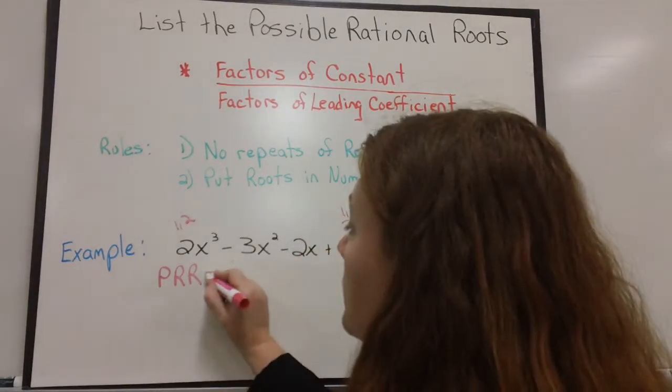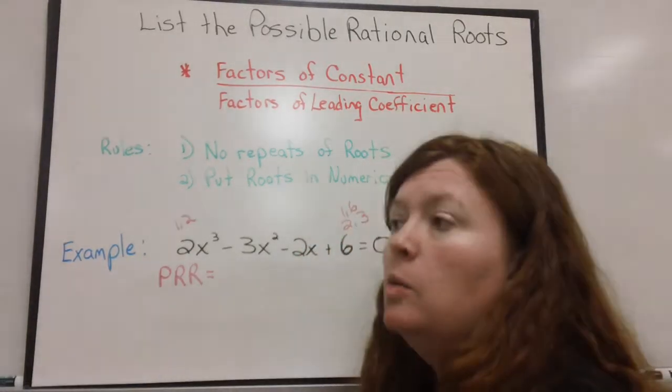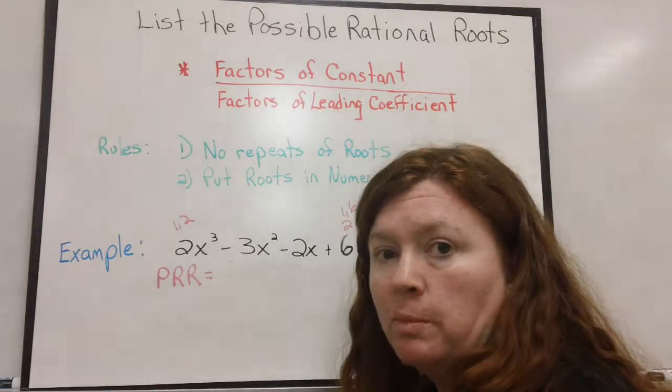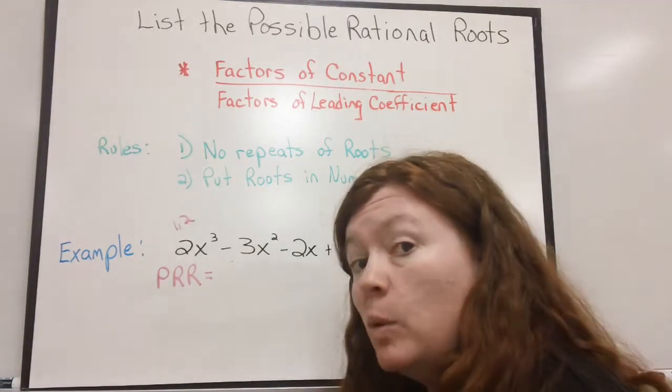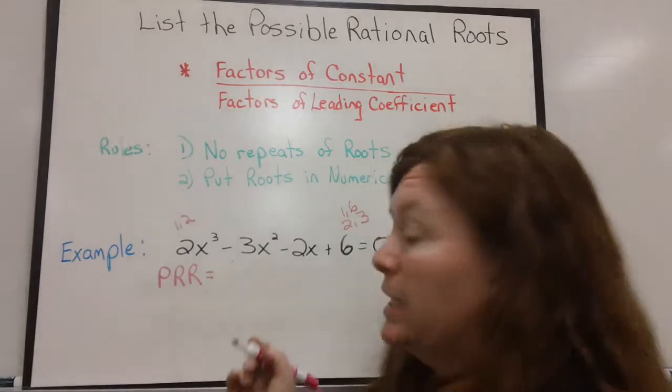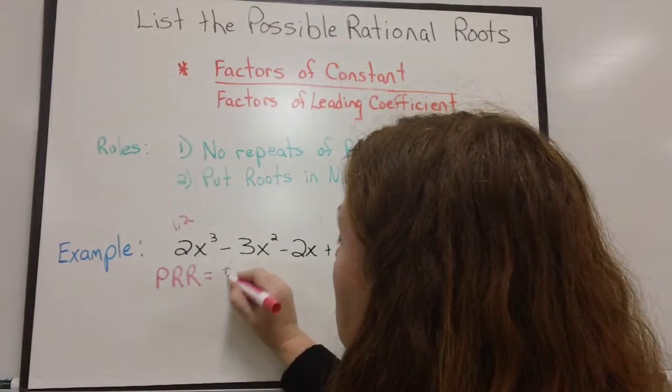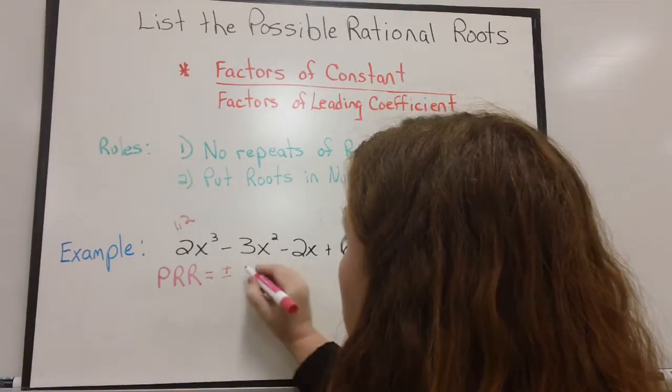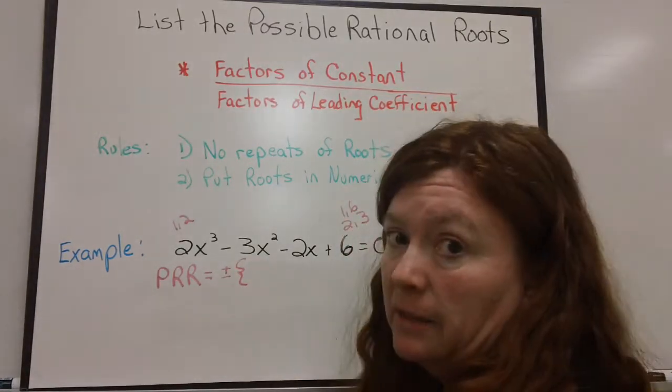Now, I haven't talked about signs yet, and we don't want to. We want to keep our options open for both possibilities, positive or negative. So in front of our list, we are going to just write plus or minus and use a set bracket.